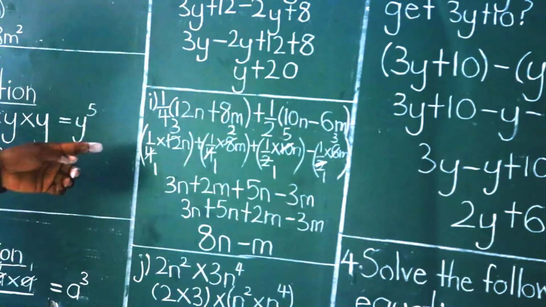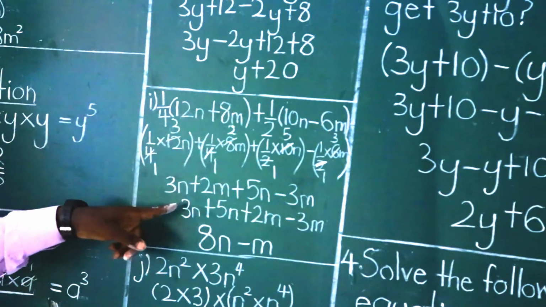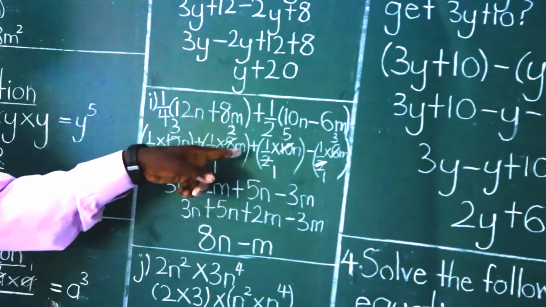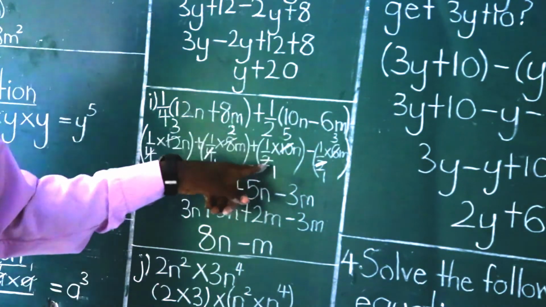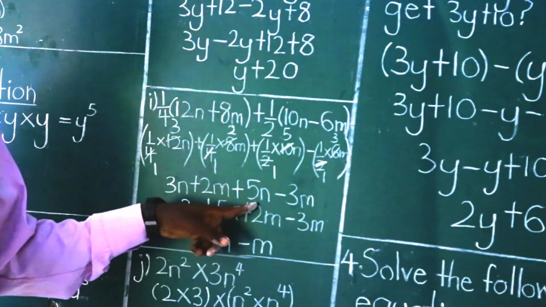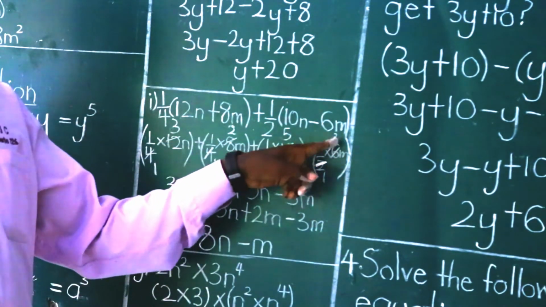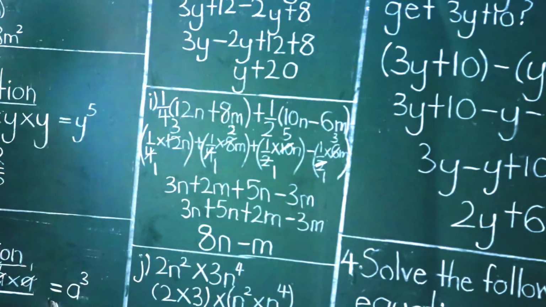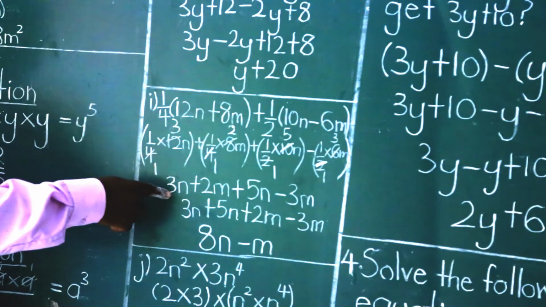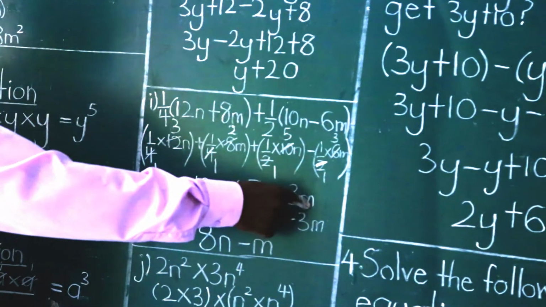And now we are going to multiply. 1 times 3n, you get 3n here. 1 times 2m, you get 2m. And then plus 1 times 5n, you get 5n, then minus 1 times 3m, you get 3m, thereby getting a new expression as 3n plus 2m plus 5n minus 3m.